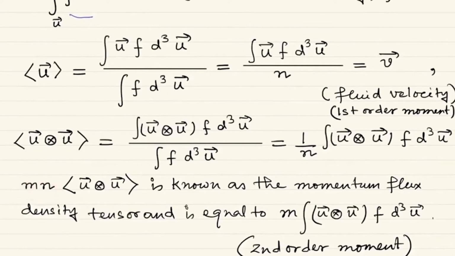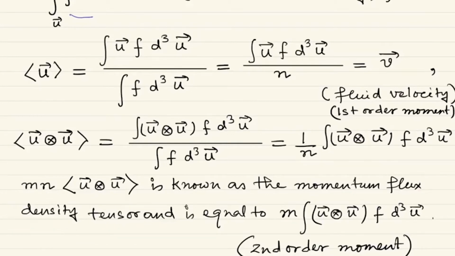Mass density times u square is something like a volume density of energy. And you can check in the standard literature, this is known as the momentum flux density tensor.